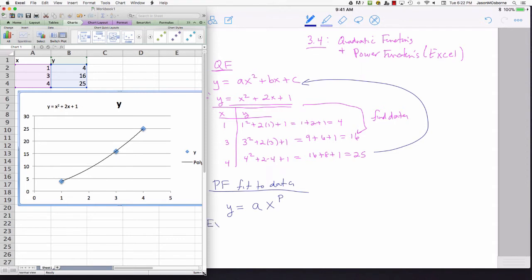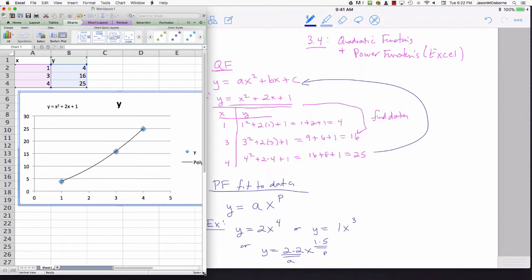So an example here is something like y is equal to 2x to the 4th, or y could be 1x to the 3rd, or y could be 2.2x to the 1.5. No reason that the coefficient a and the power p have to just be integers or whole numbers. They can be decimals, okay?